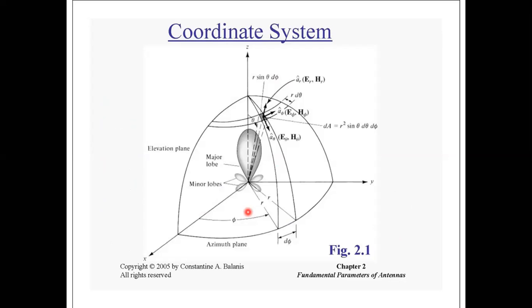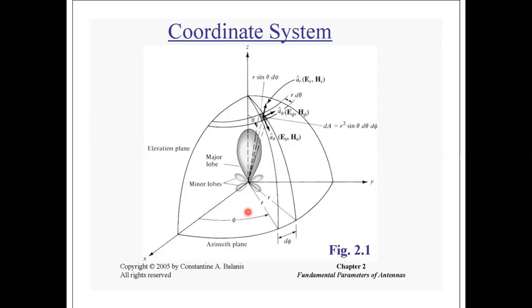Before going into these parameters, I would like to discuss the radiation pattern. Before that, as I told you, we should have prerequisite knowledge about electromagnetic systems. We have three types of coordinate systems: the rectangular coordinate system, the cylindrical coordinate system, and the spherical coordinate system.